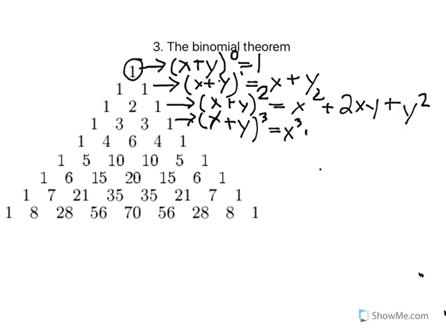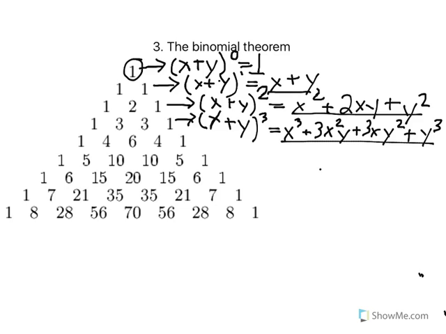That is x cubed plus 3x squared y plus 3xy squared plus y cubed. The pattern would continue. So the question is, how does Pascal's triangle relate to when we multiply out these polynomials?